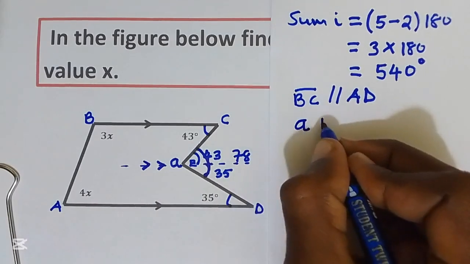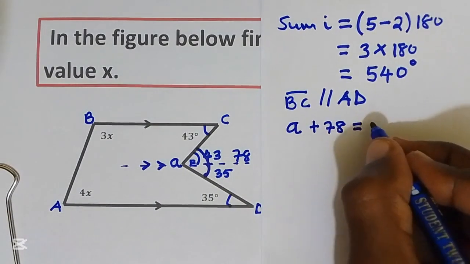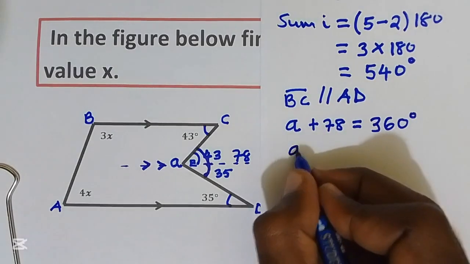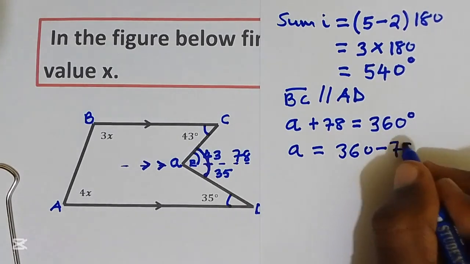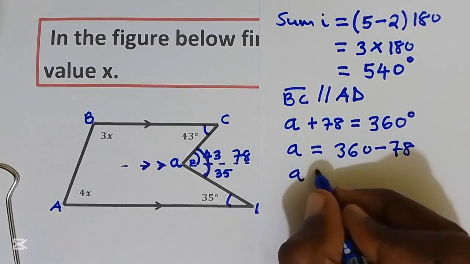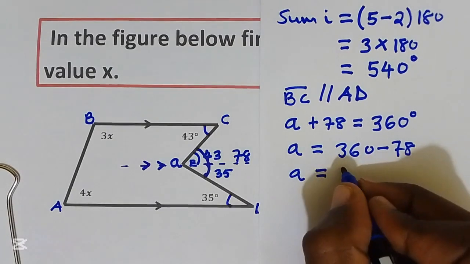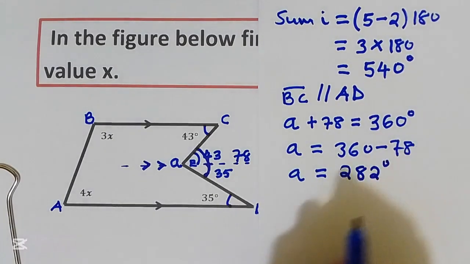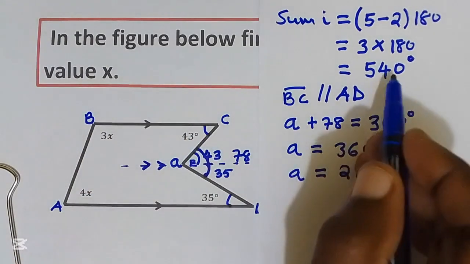So A equals 360 take away 78. We get A is equal to 282 degrees.